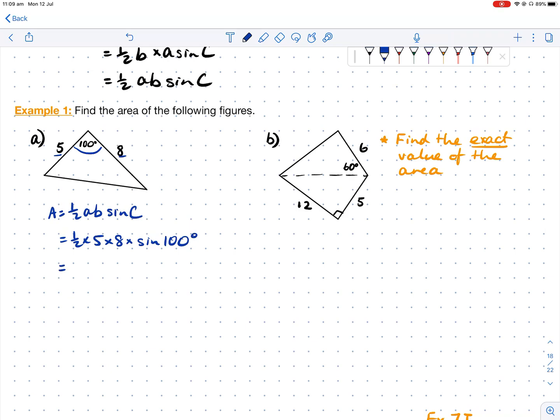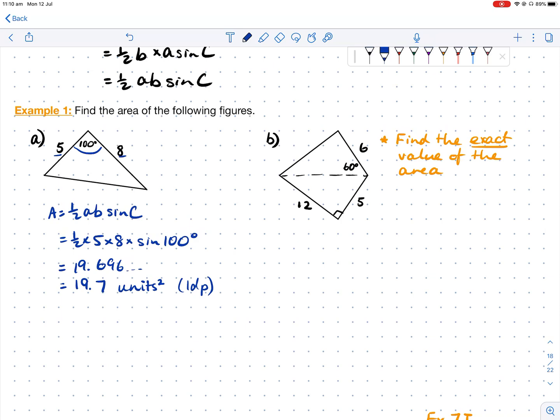When you put that into your calculator, you get 19.696 something. When we round that off, I might round to one decimal place, 19.7. That's in units squared, so square units. For this particular question, I didn't give you any units, so if you just wrote the number, I would have been fine with that. That was to one decimal place.